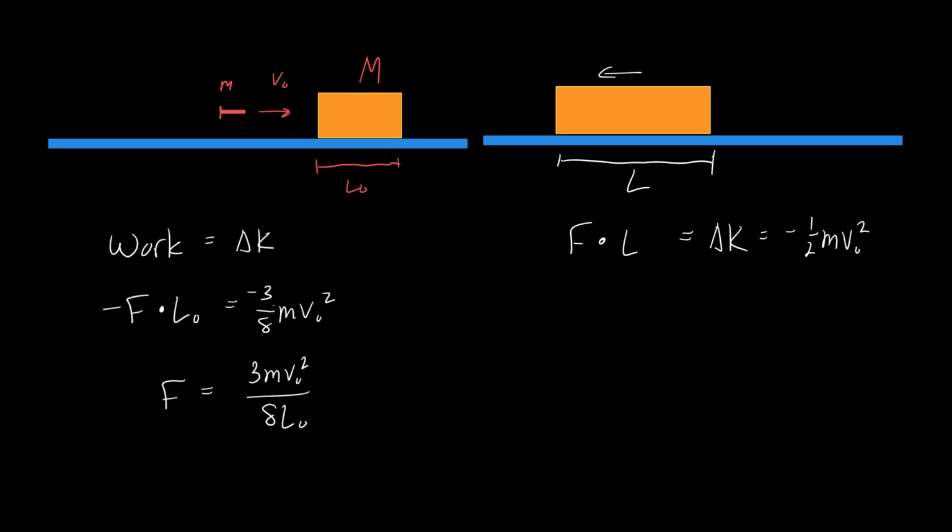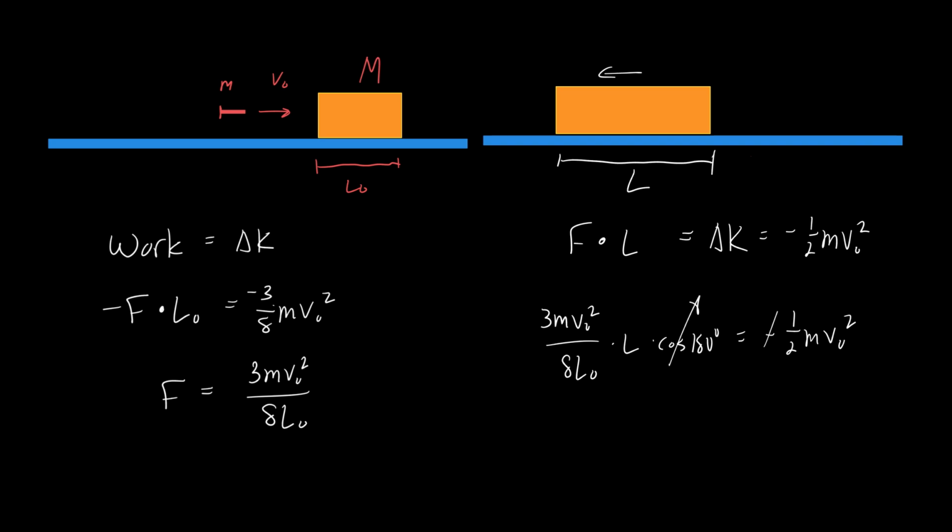All right. Well, I know what the force is. I know it's still cosine of 180, so I'll have 3 m v naught squared over 8 L naught times L times cosine of 180 equals negative 1/2 m v naught squared. Yahoo!